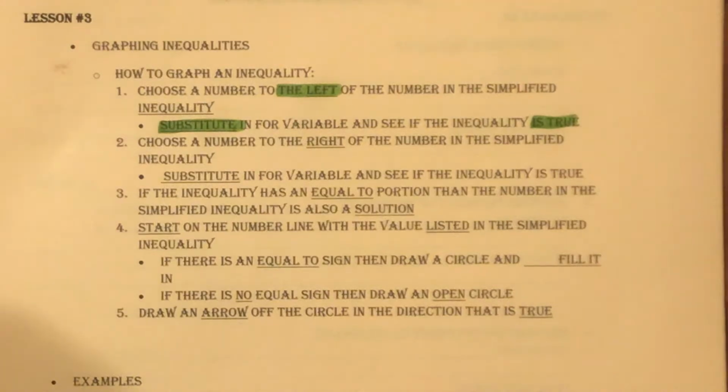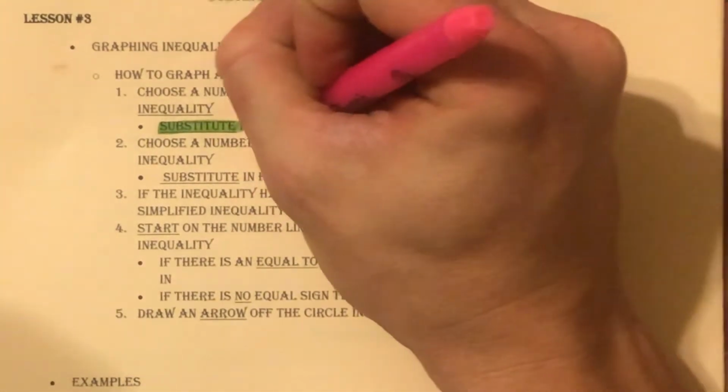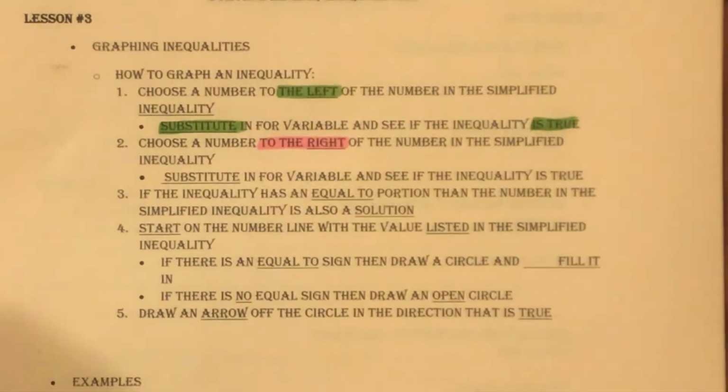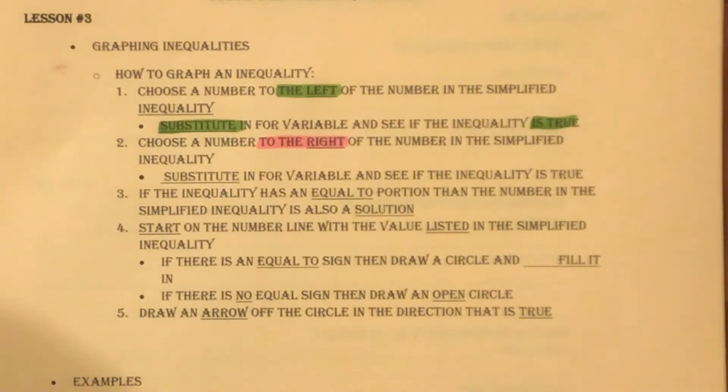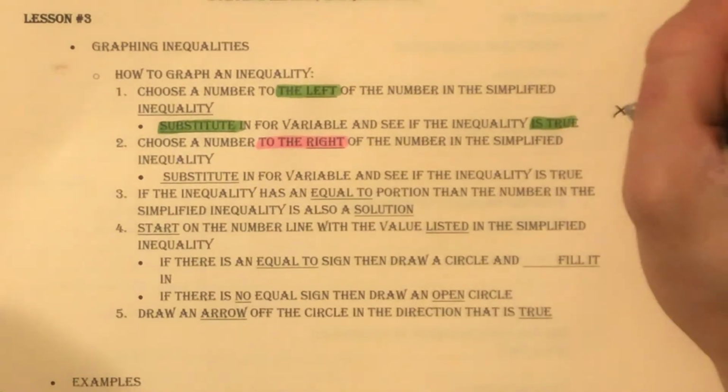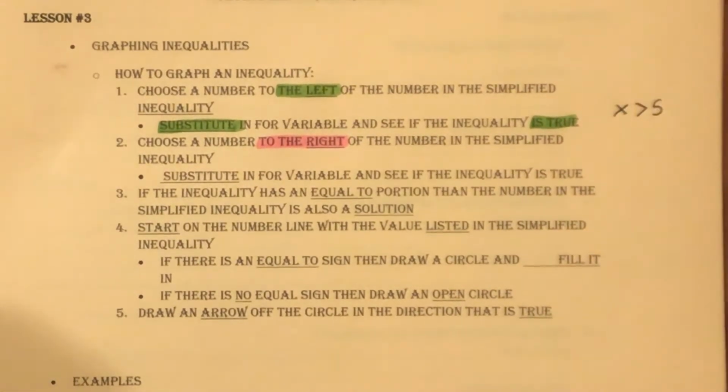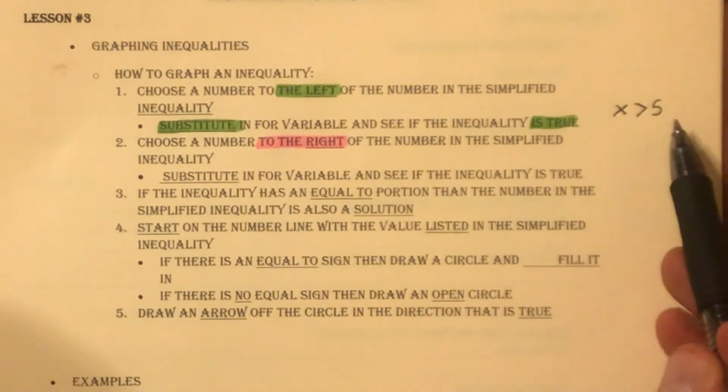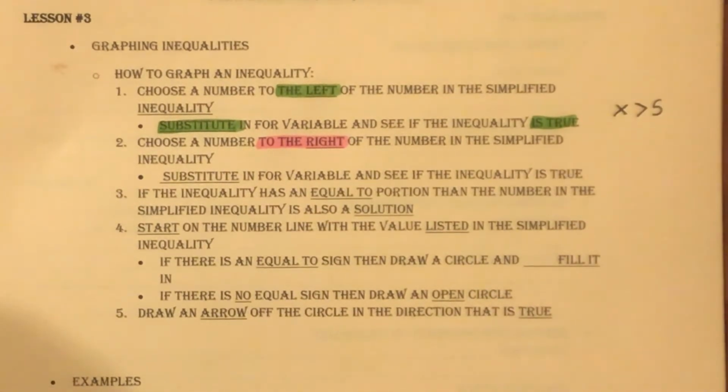After we've done that, then we're going to choose a number to the right of that number. So again, with our example of x is greater than 5, I would choose a number to the right of 5. That might be like 6 or 7 or 8.